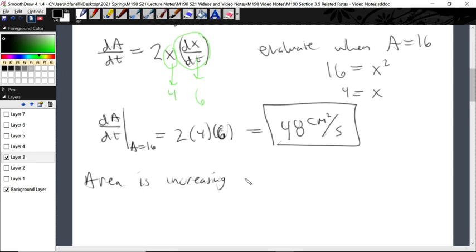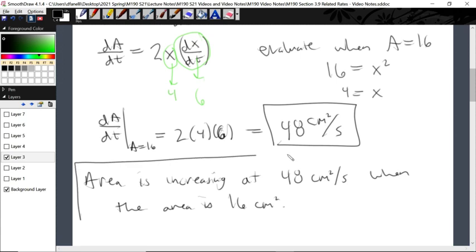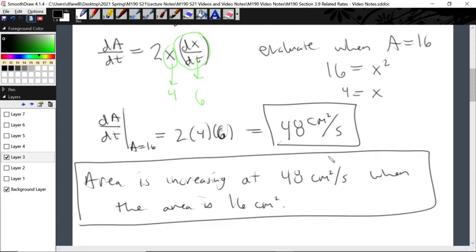The area is increasing at a rate of 48 square centimeters per second at the instant when the area is 16 centimeters squared. So this is how fast that area is increasing at that instant.